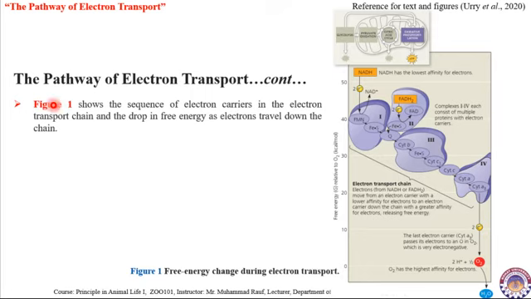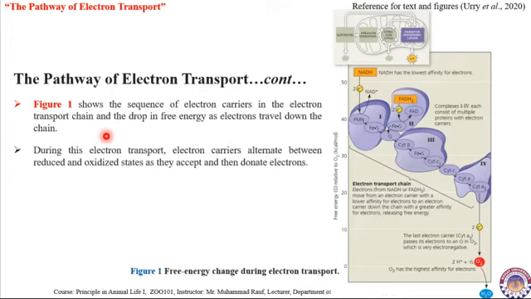Now, figure 1 shows the sequence of electron carriers in the electron transport chain. Why is it known as electron transport chain? Because electrons are transferred from one carrier to another carrier. And during this electron transport, electron carriers alternate between reduced and oxidized state.